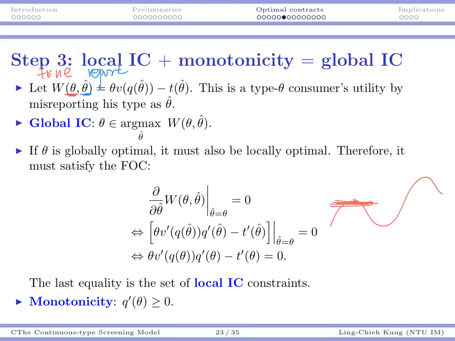First order condition is just necessary. But anyway, that's local IC. And we also have monotonicity. We want to show that this plus this equals the set of global IC constraints, or in a sense that we want to show you that local IC constraints are the only set that is necessary.